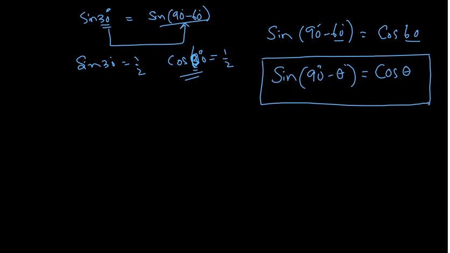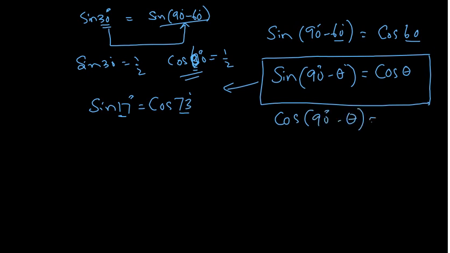So if I give, for example, sin 17 degrees, you can immediately say it's cos 73 degrees, whatever the value is. When you add these two, you get 90, so by this formula. And the other way also, cos of 90 minus theta equals sin theta.